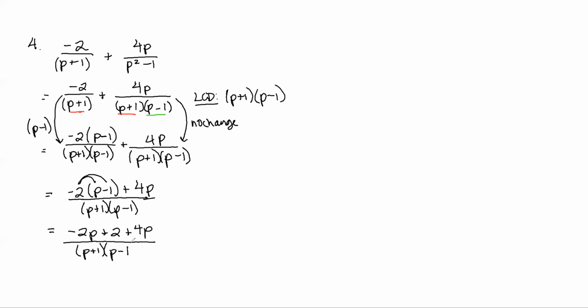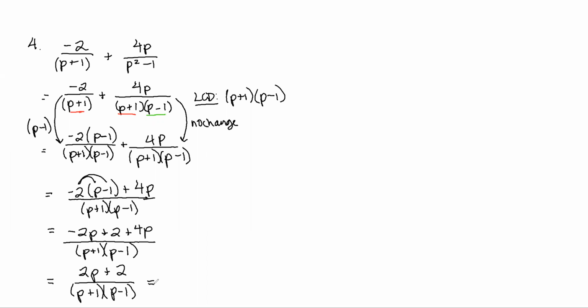I'm going to run out of room. And then finally, combine like terms. So we have negative 2p plus 4p is 2p, plus 2 over p plus 1, p minus 1. And what is the last thing we always want to try to do with these? Simplify.